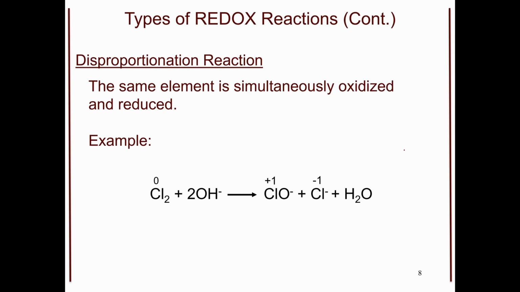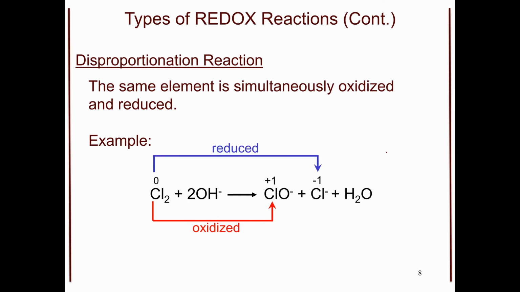And then you'll also see that chloride gets a -1. So we have the same element doing both processes. It was not the same atom of the element, but different atoms of the same element, and this is the disproportionation reaction. So now you can see that we have the oxidation and the reduction occurring by the same material.